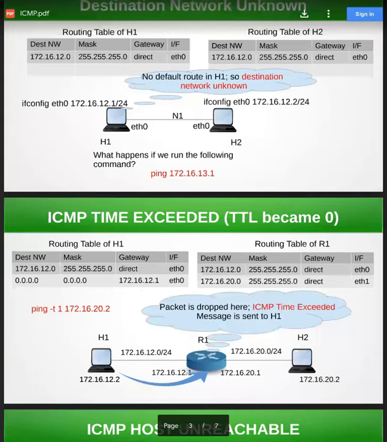We are saying ping with -t 1. The -t option is the TTL option, and 1 is the TTL. The TTL value is set to 1. Now the default value of TTL is 64 in Linux and 255 in Windows.